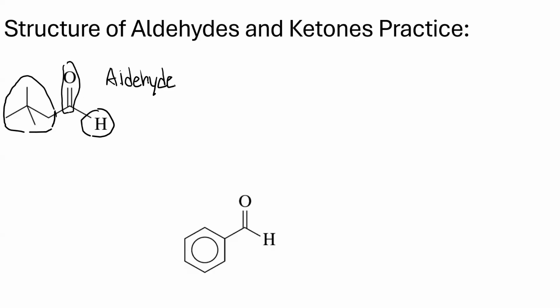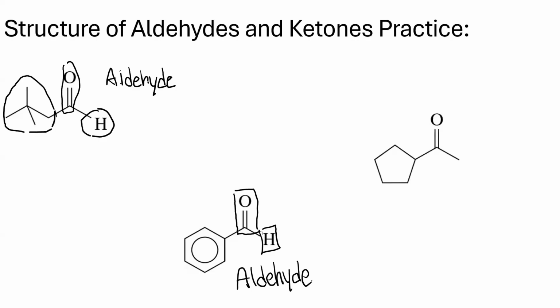Similarly, we have a carbonyl carbon here that's attached to at least one hydrogen. So this automatically means that this is also an aldehyde. And then this last one, we have our carbonyl carbon. It's attached to two carbon groups. Then this is a ketone.